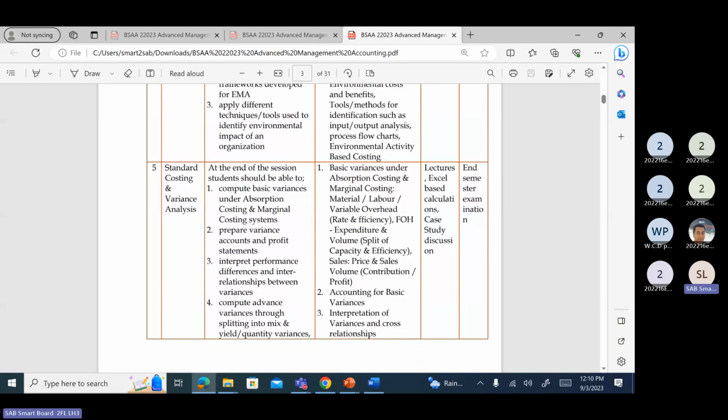Second week, I'll take the standard costing and variance. So again, I'm starting with some of the topics that you are familiar with. So next week we can finish that part.